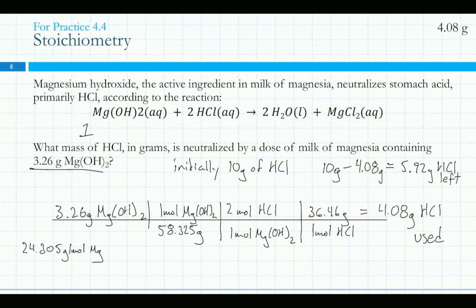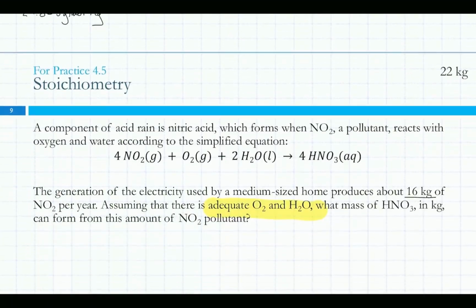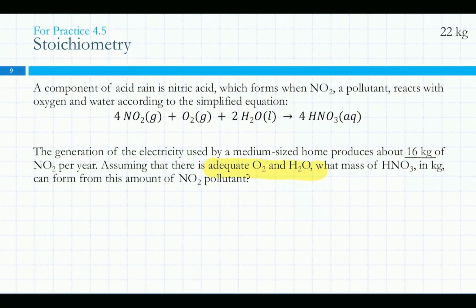Like there I said if there was 10 grams, but if there's less than 4 grams of HCl to start with, then we wouldn't have enough to do that reaction. And in something like this, it's asking about this product, but it only gives us the 16 kilograms of nitrogen dioxide. So we don't know how much oxygen, we don't know how much water. That's why they throw in, well, assume that there's enough of those. And really, when you're doing any of these calculations, you're assuming enough of everything else.